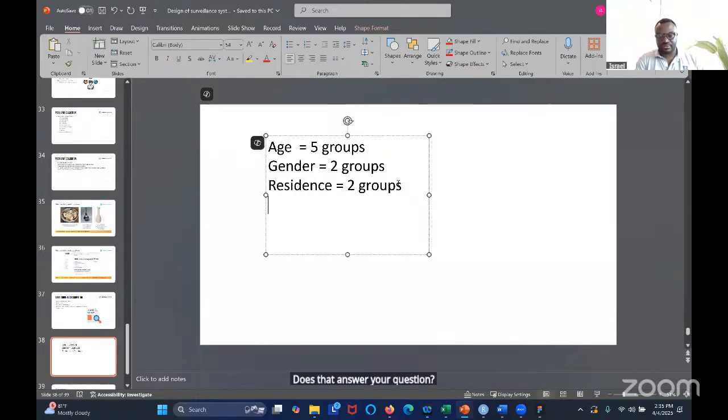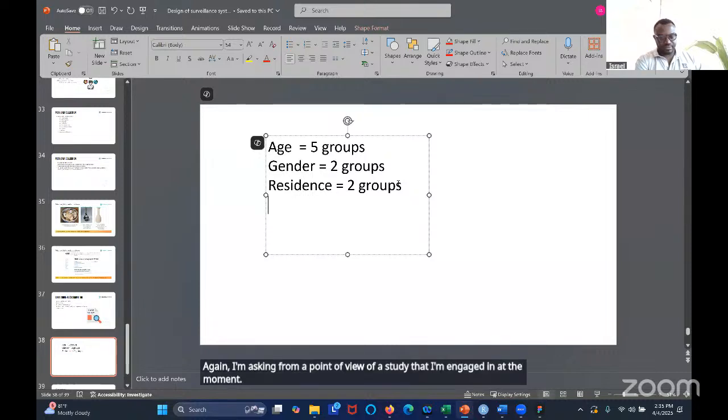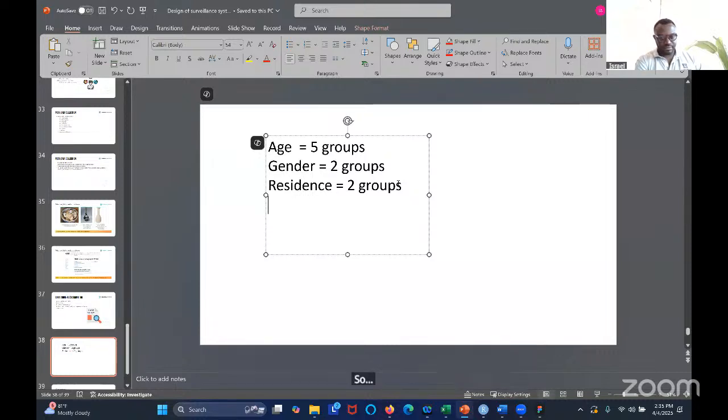Yes, thank you so much. It makes it clear. But I do have another on cluster. Again, I'm asking from the point of view of a study that I'm engaged in at the moment. The study is in Nigeria, and I'm trying to choose a state, one state per geographical zone.